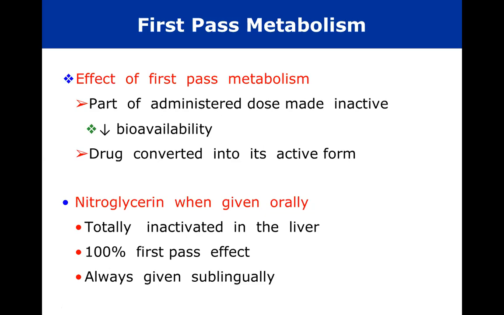So for this fact, and this is the benefit of understanding general pharmacology, there is no way of giving nitroglycerin by the peroral route. We have to give it sublingually. Why? Because if we give it orally, there will be 100% first pass metabolism, the bioavailability will be zero, and there will be no effect.